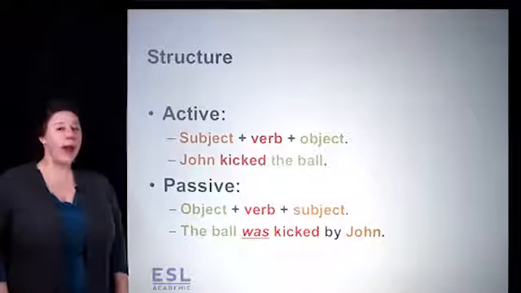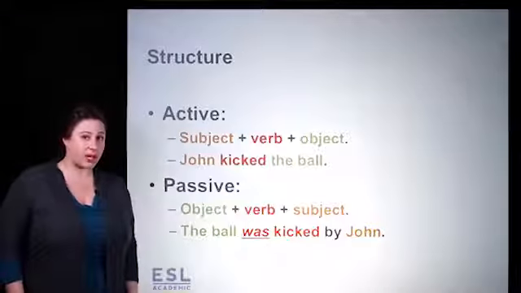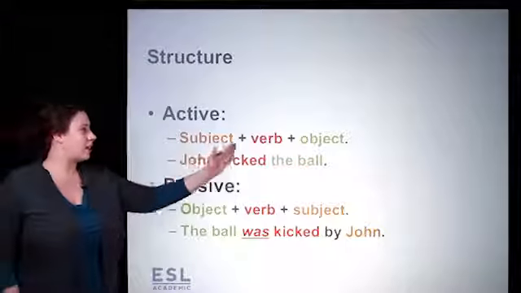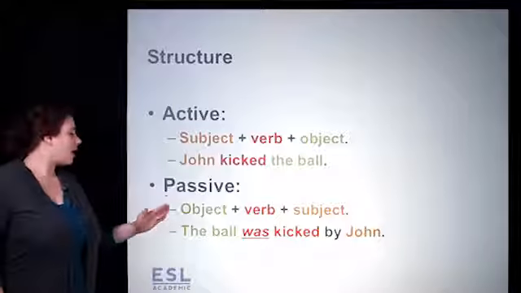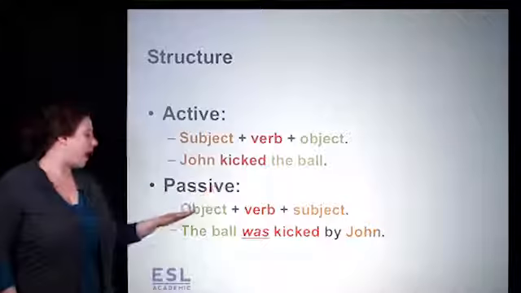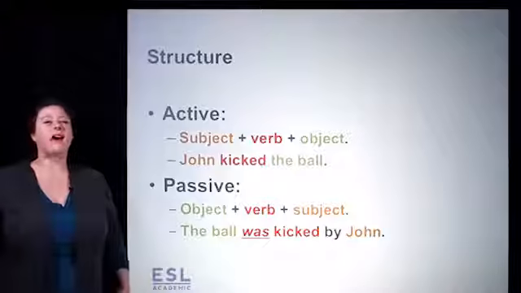But with a passive sentence, the object and the subject are switched. So, instead of John kicked the ball, the focus is now on the ball. The ball was kicked by John. Object, verb, subject. Let's look at that a little bit more in depth.